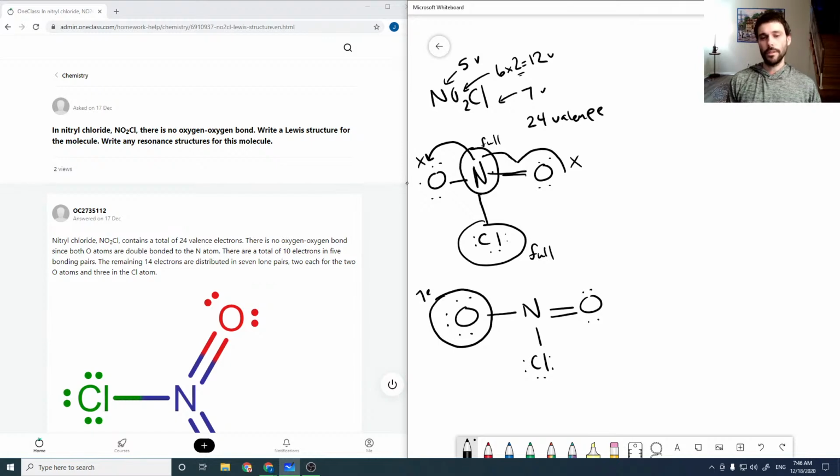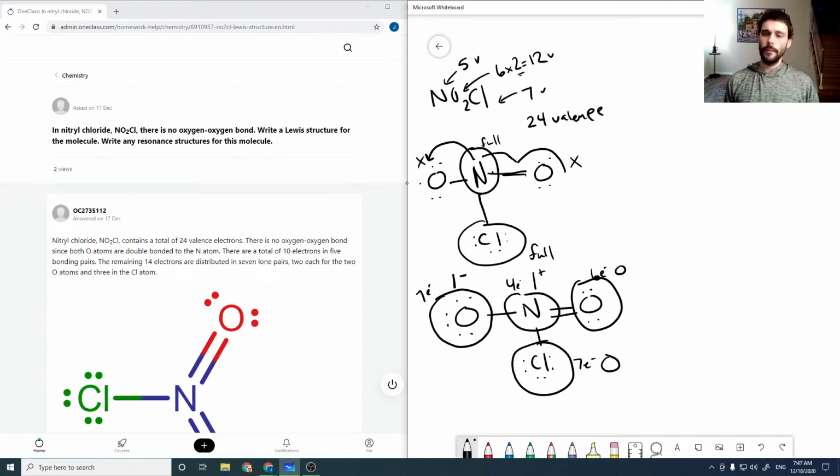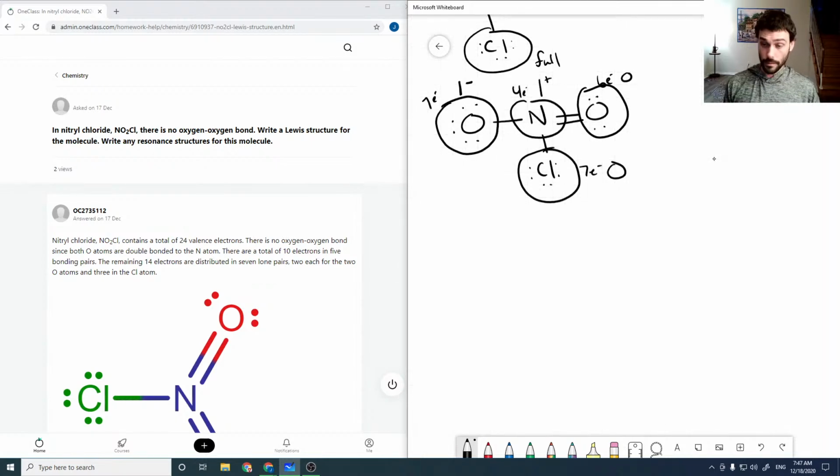So there's 7 electrons here, which means this guy has a 1 minus charge because there's 1 extra. And here we have 4 electrons, so we have a 1 plus charge because there's 1 too little. Here we have 6 electrons, so that's neutral. And here we have 7 electrons, so that's also neutral. So we've got a structure here where there's only 3 bonding partners, so it'll be a trigonal planar molecule.